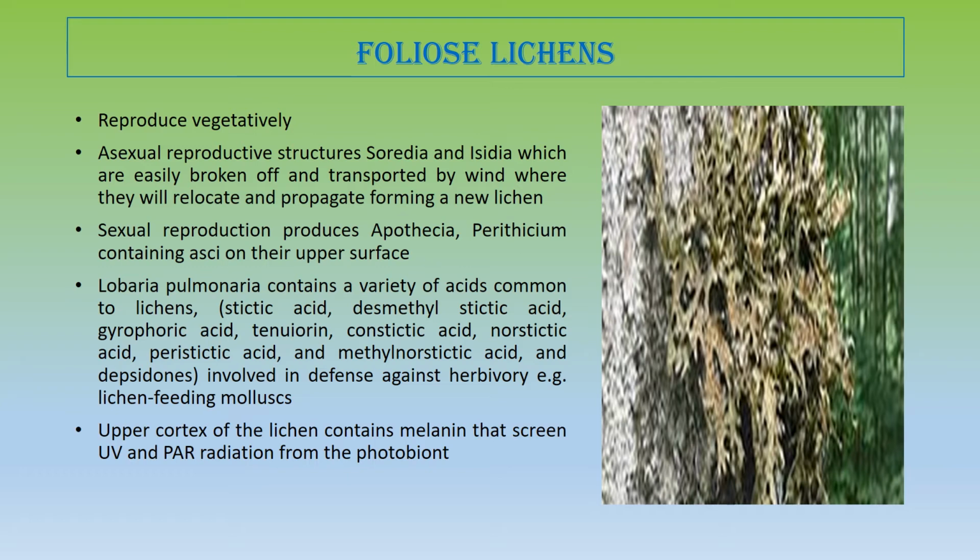Now, this is the picture of Lobaria pulmonaria, and we see that economically it is very important because this foliose lichen produces a variety of lichenic acids like stictic acid and norstictic acid, and these wide varieties of acids have anti-inflammatory and antibiotic properties.